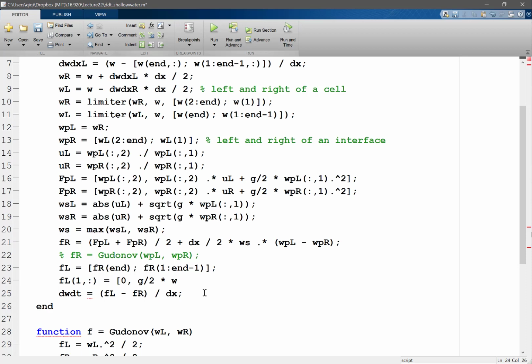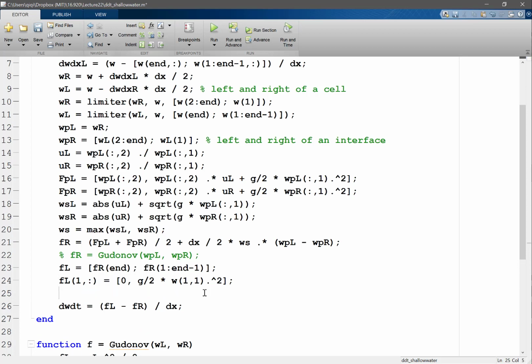So we should use the solution of W1 square. So this is basically the H on the very first cell. So FR of end should also be the same, except it's the very last cell, right? So that imposes the boundary condition for the finite volume, where there is nothing going over the end of the domain. All right.